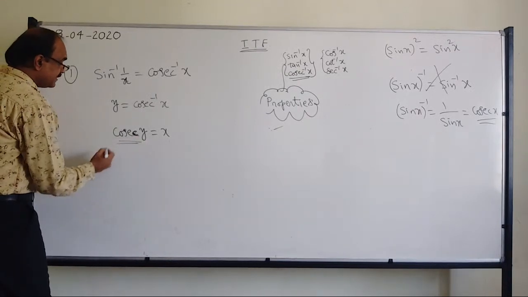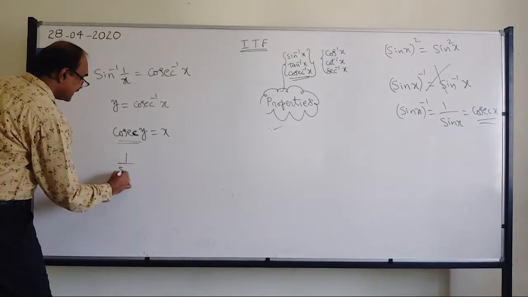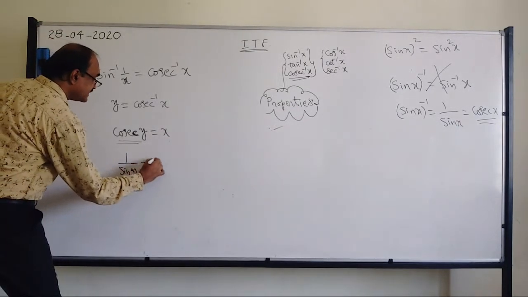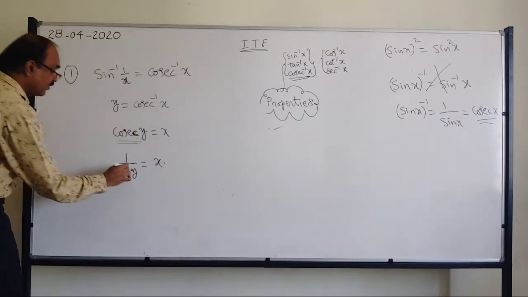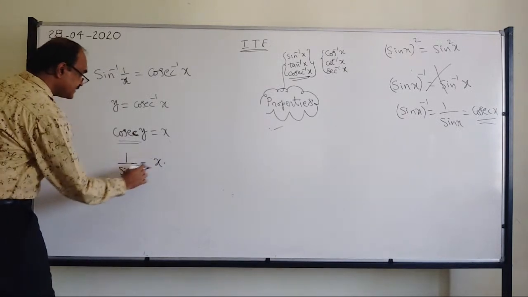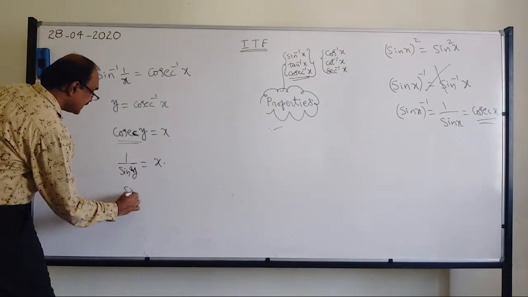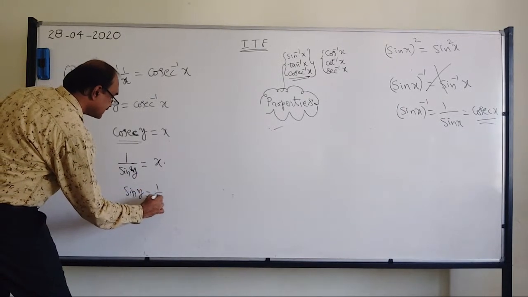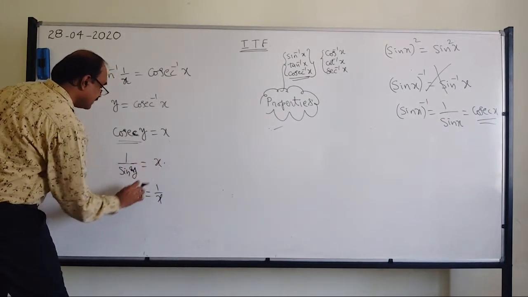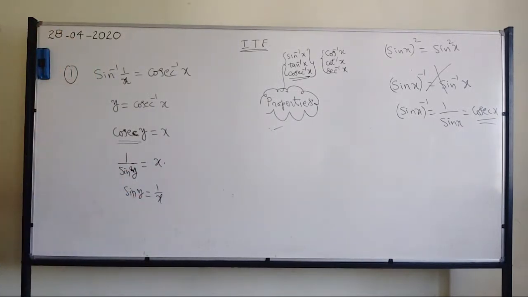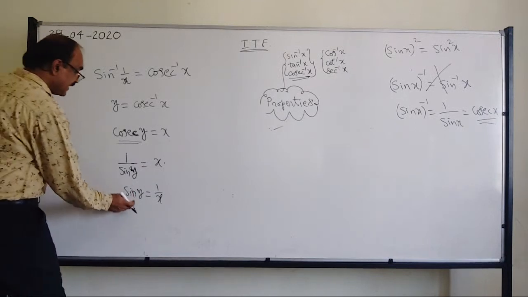Cosecant y can be written as 1 divided by sin y. 1 by sin y is x. Now, sin y you take this side and x bring this side, that is, sin y equals 1 by x. Now sin, take it to this side.